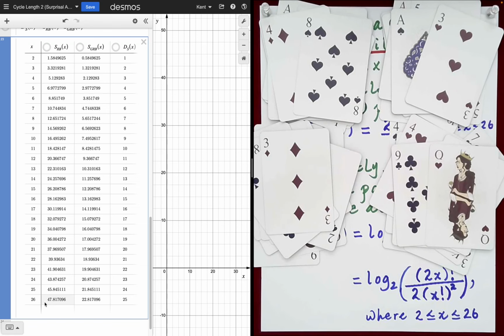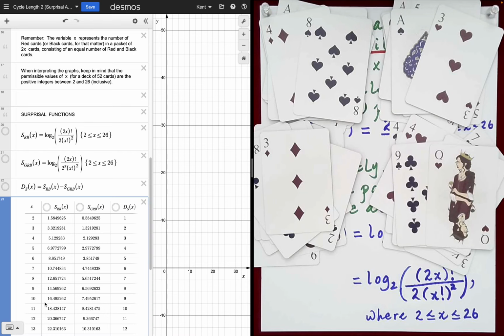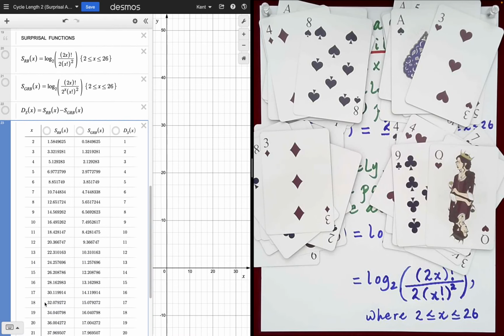Now let's look at a post-Gilbreath surprisal function. That's what the second function is here, called S sub. Instead of RB for RB packets, it says GRB. Among the hidden structures online class videos, I derived not only the first one that we've been using, but I also derived the one for the post-Gilbreath structure, namely this one here.